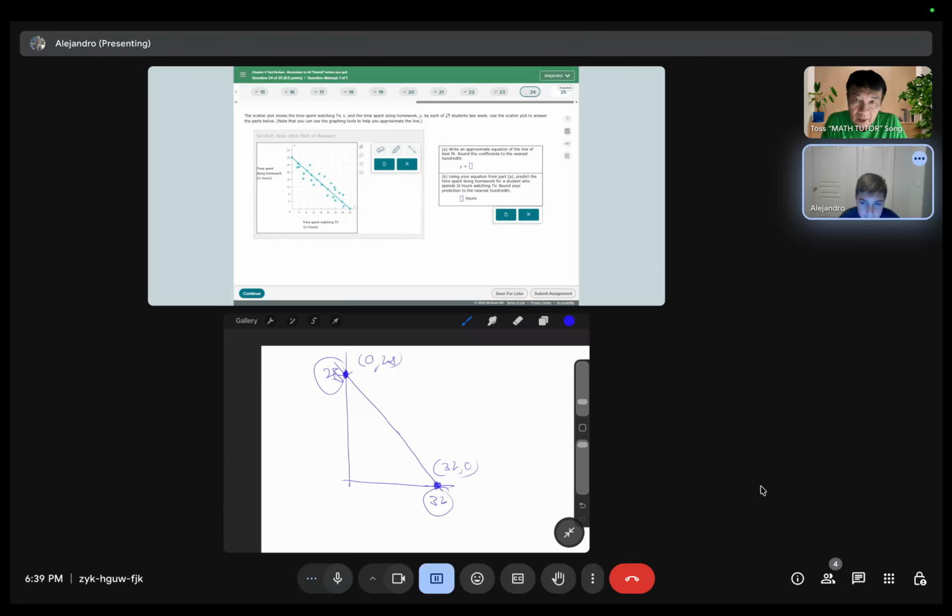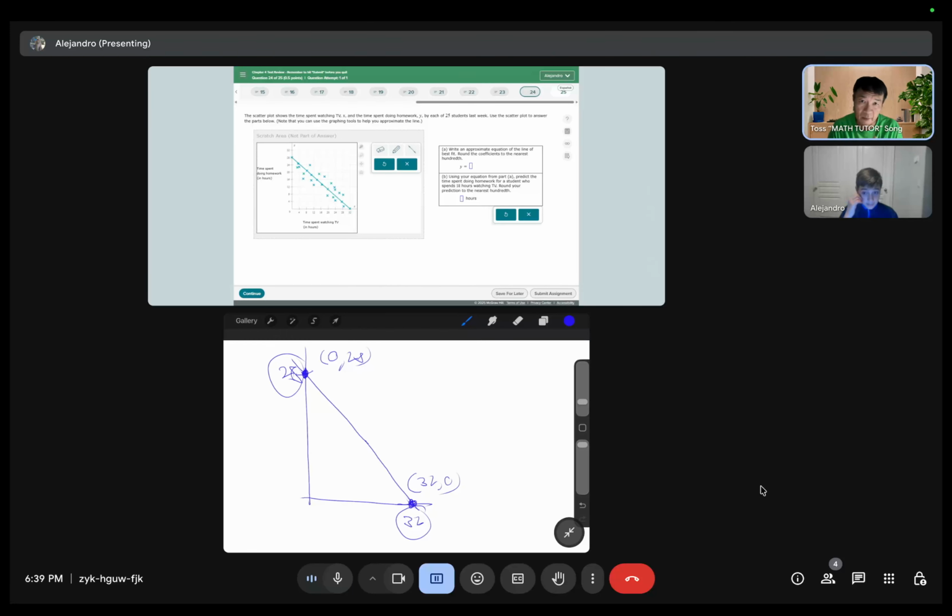Now you have to learn to pick these points that are identifiable and go through the axes. It's the easiest way. Don't guess, and don't go halfway, though it will still work if you do your calculation correctly with the decimals. The system has a range of answers that it will allow.